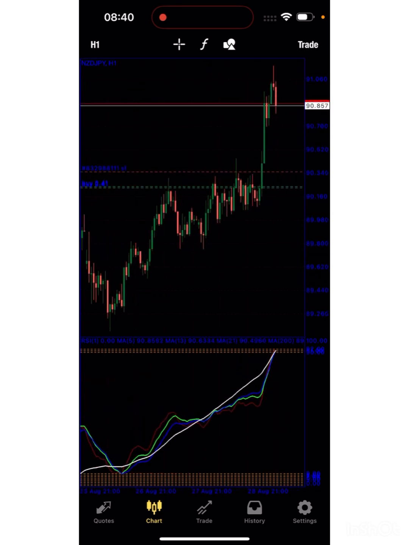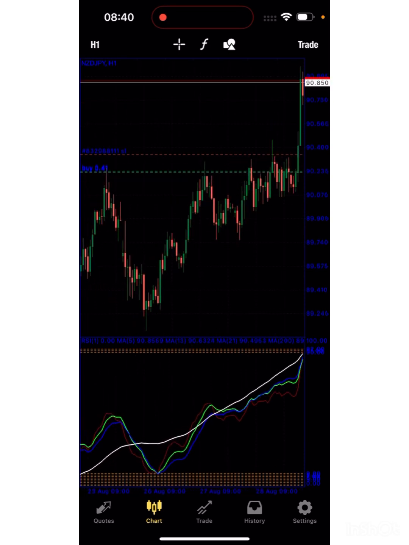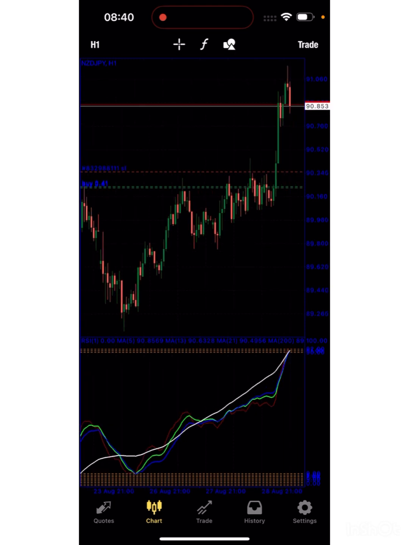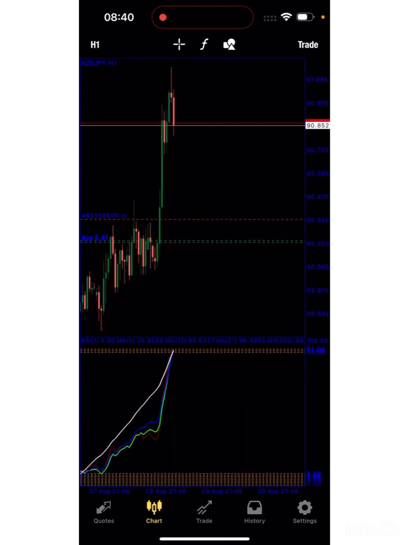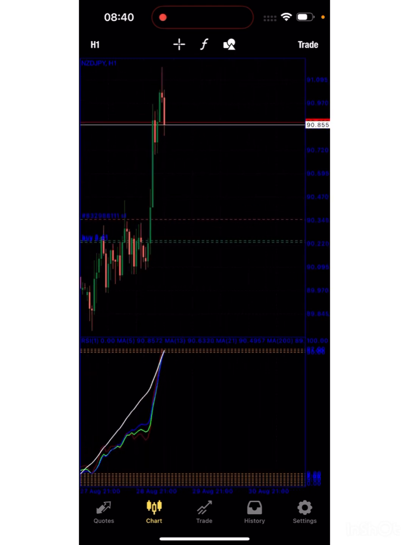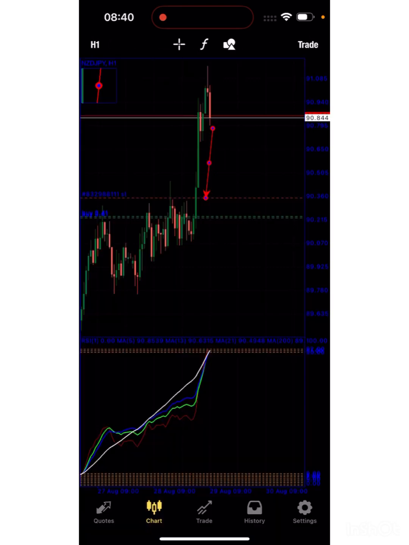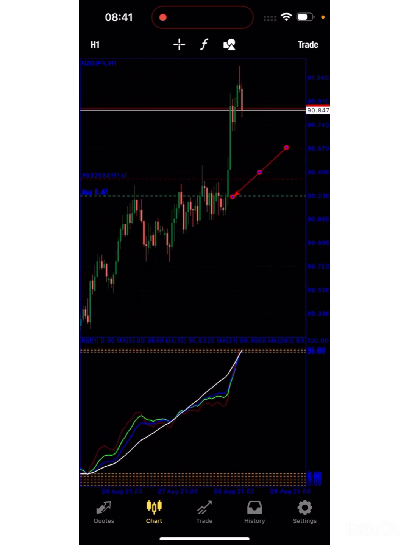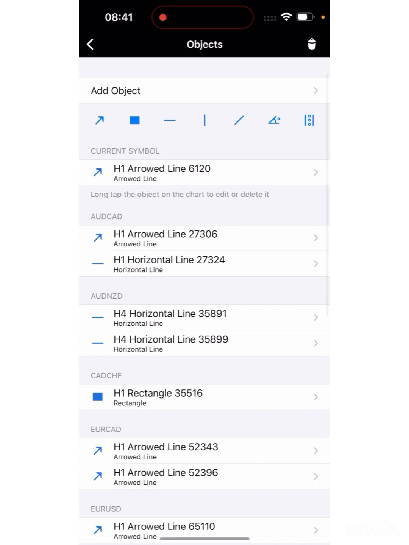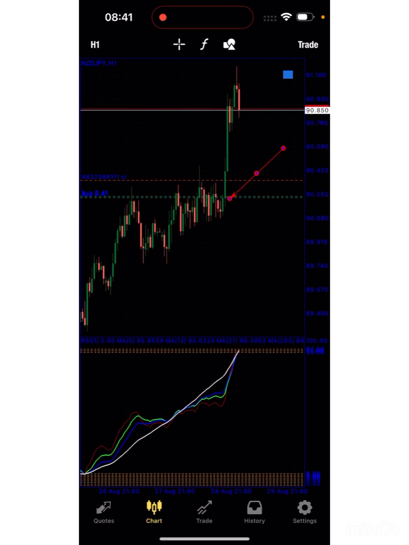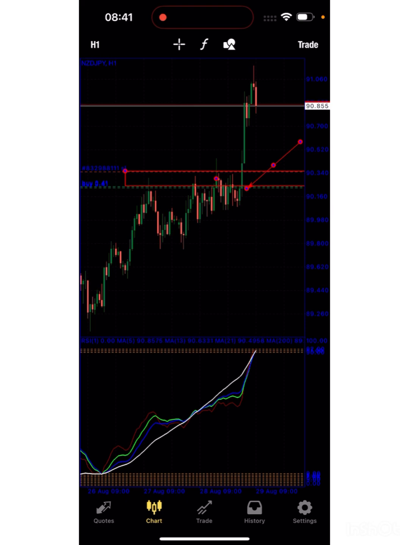So this entry, guys, this one was a snipe entry. The reason why I got into this trade, I want to explain to you now. All right, I took the trade when the price was around this area right here. This is why I took it from here. The reason why I took this trade is that I had some zone around here, okay, which means the market has been touching that zone so many times.